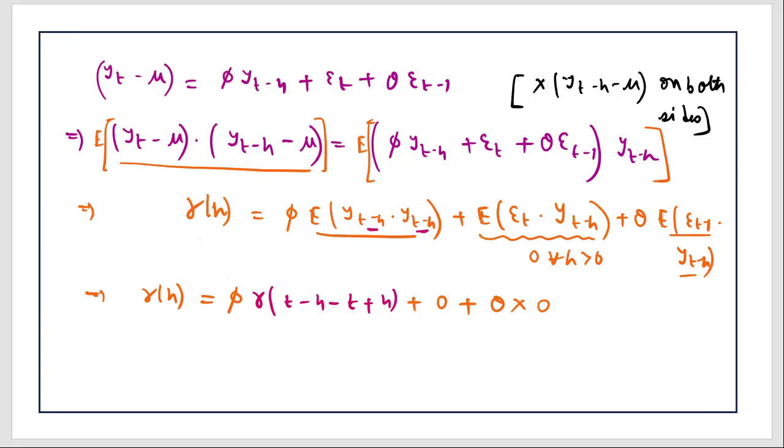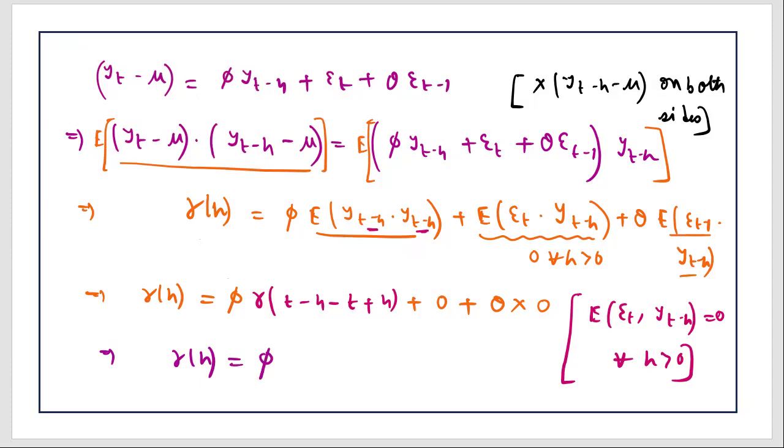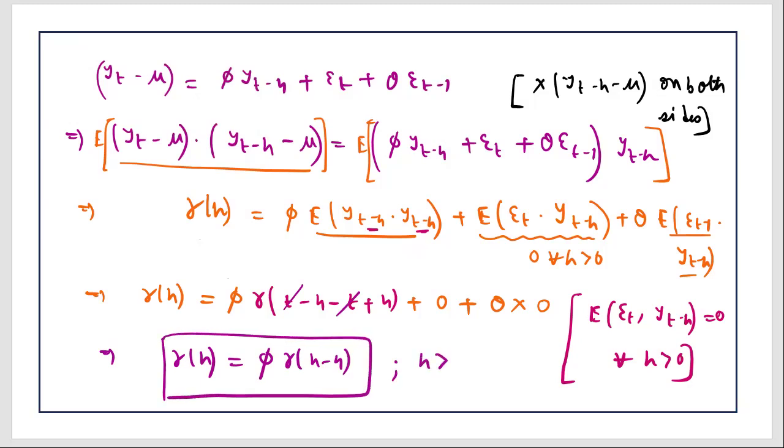So by the property, we know expectation of epsilon t yt minus h is absolutely equal to 0 for all h greater than 0, and the same concept is used here. From that, what you can say is gamma h is simply phi gamma h minus 1, and this will happen only when h is greater than 1.